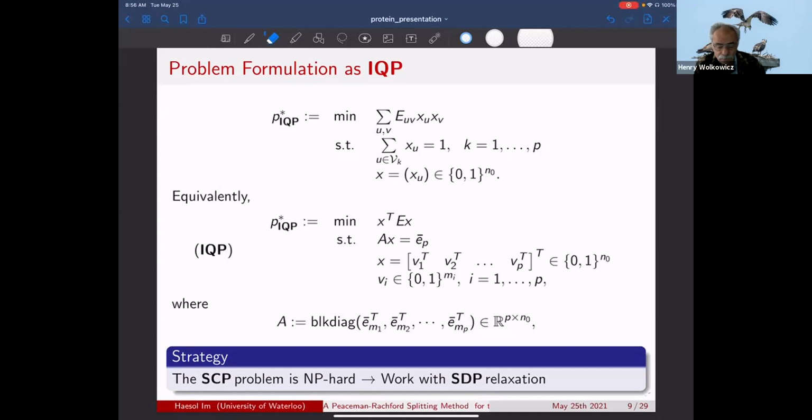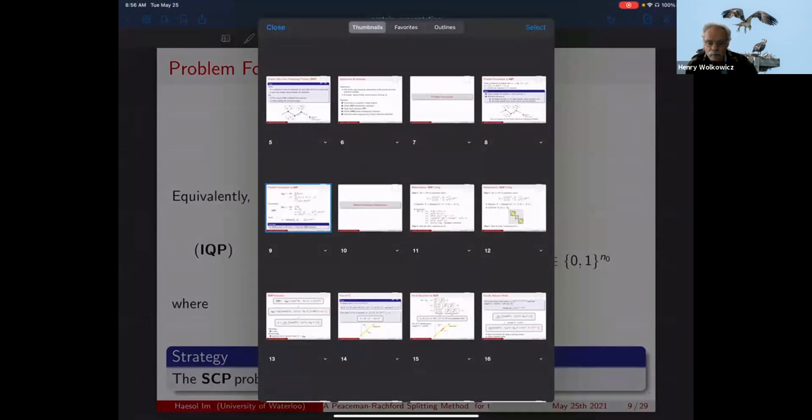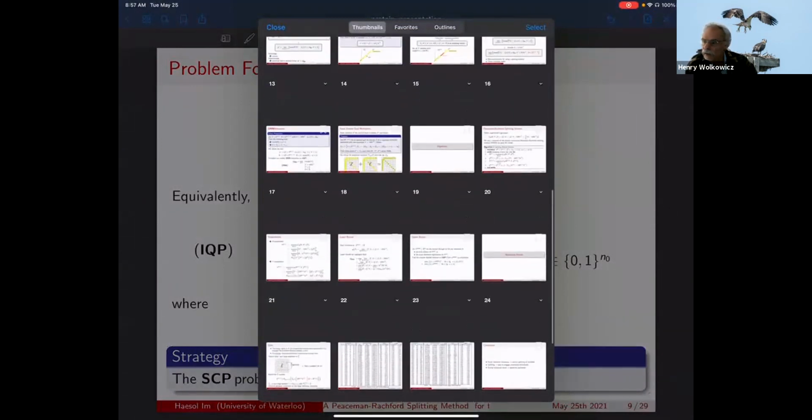But I believe RLT should work if the SDP works well. The RLT may work well also. But I think the magic here that's making things work is the splitting. The splitting essentially means that the non-negativity is solved for free.